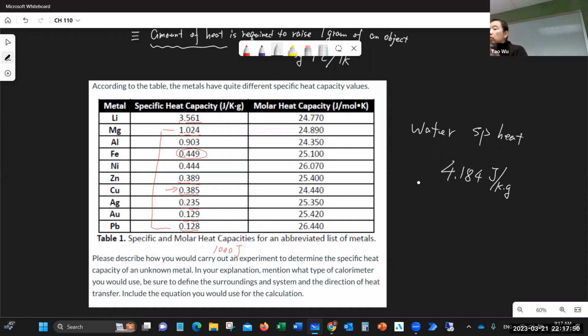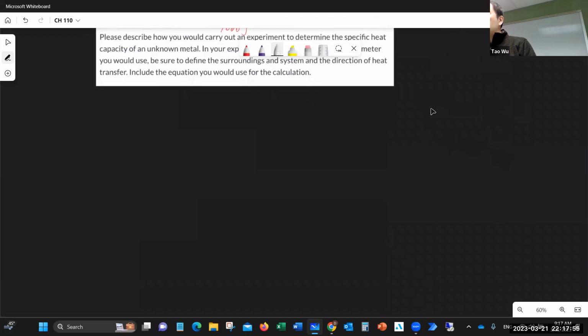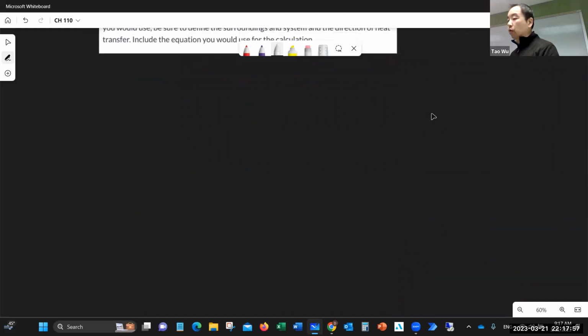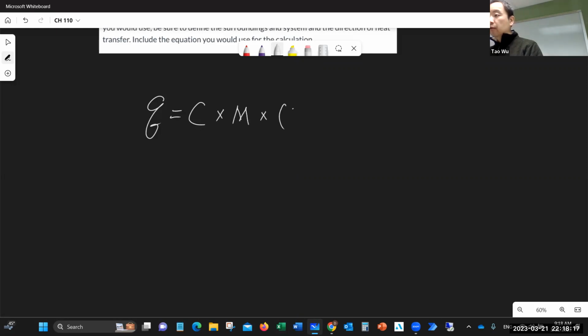Okay, then how can we use this concept for some of the questions? There's an equation related to this. It is called Q equals C times M times the final temperature minus the initial temperature.